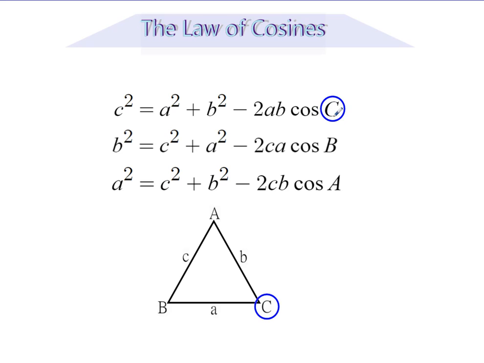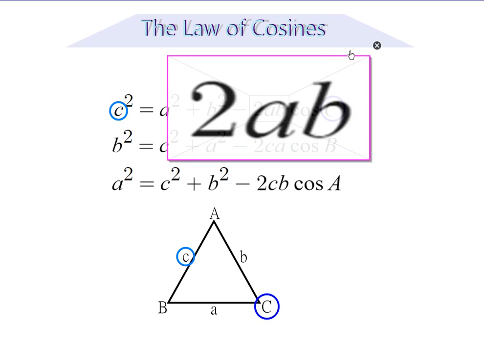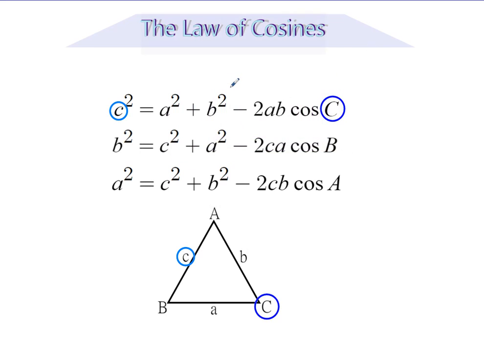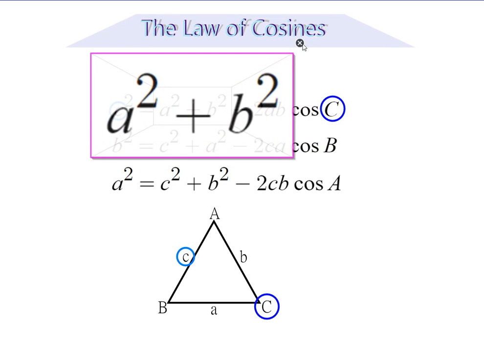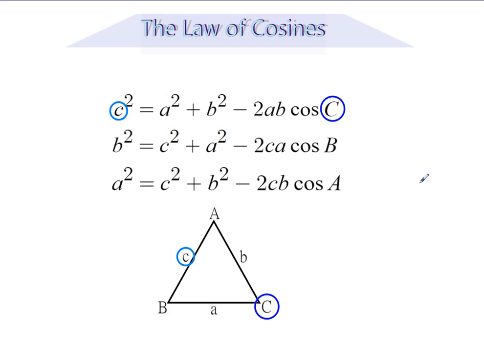If you're looking at cosine of capital C, the only other spot that C is found is on the other side of the equal sign, okay? So those are opposites. And then this A and this B and this A and this B, the order here does not matter because it's a product, and the order over here does not matter because it's a sum. So you just have to remember this piece about the opposite sides of this, okay?